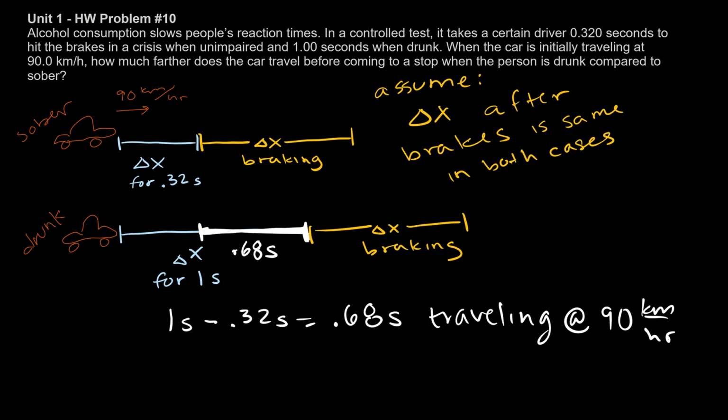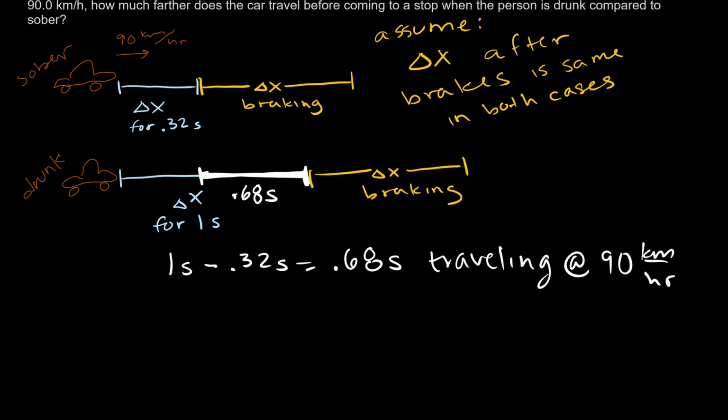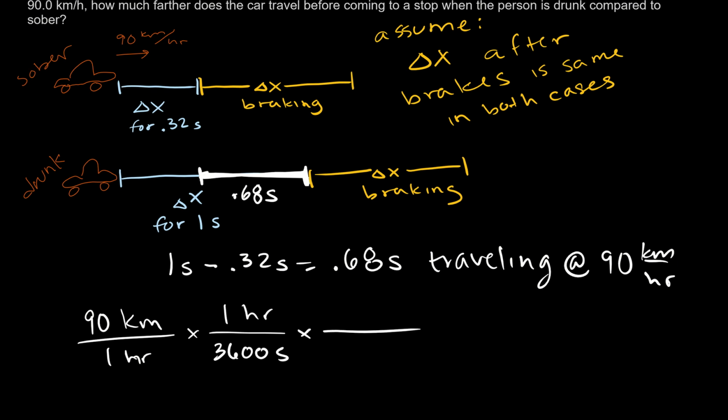If they're going at 90 kilometers per hour, we probably want to convert that to meters per second, because it'll be on the order of meters that they travel in 0.68 seconds. So they travel 90 kilometers in 1 hour. We use our knowledge of how to convert things: 1 hour is 3,600 seconds, and we have 1,000 meters in 1 kilometer.